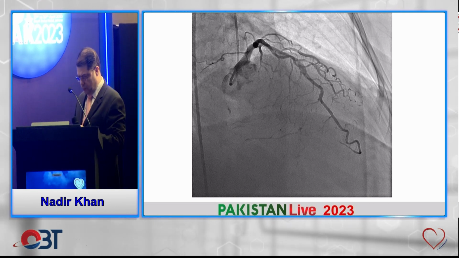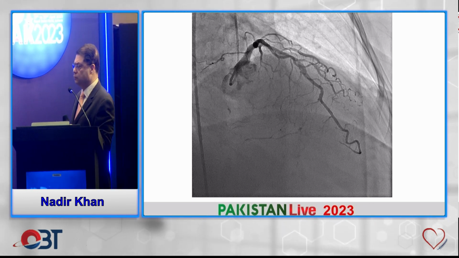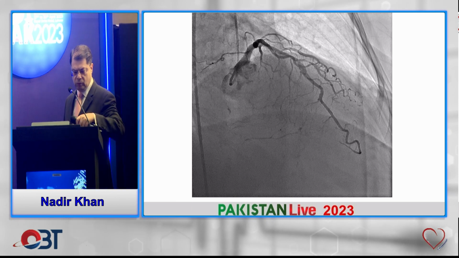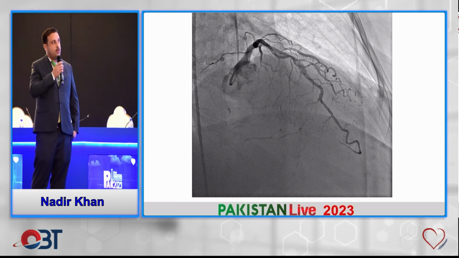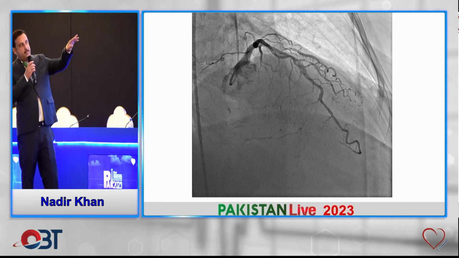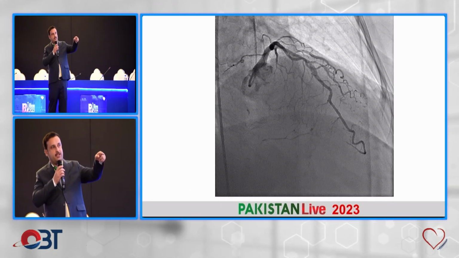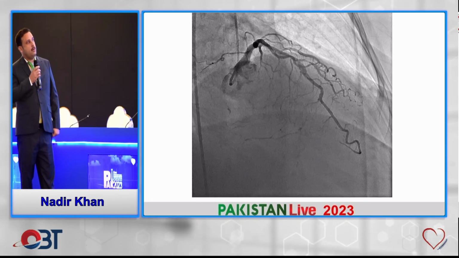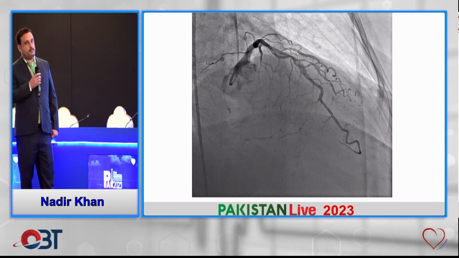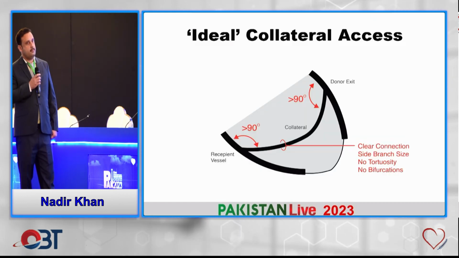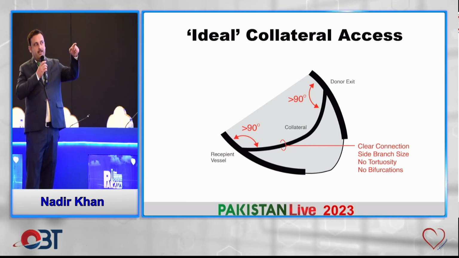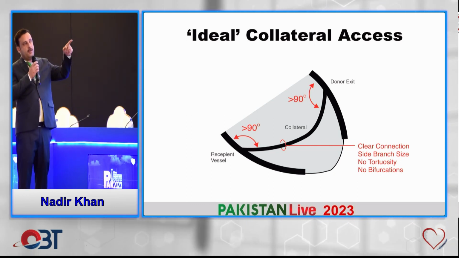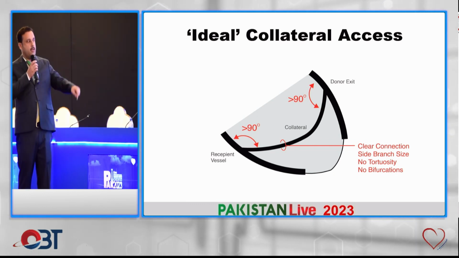This slide shows us the different septals which we use for crossing from the retrograde route. As we see, there are mainly three septals, S1, S2, and S3. In the septal, we see the entry angle and the exit angle of the donor as well as the recipient artery.